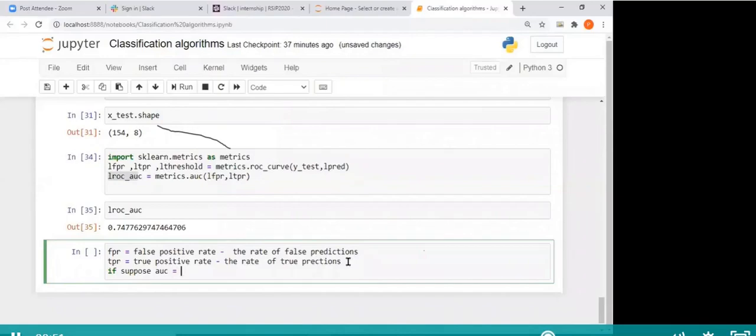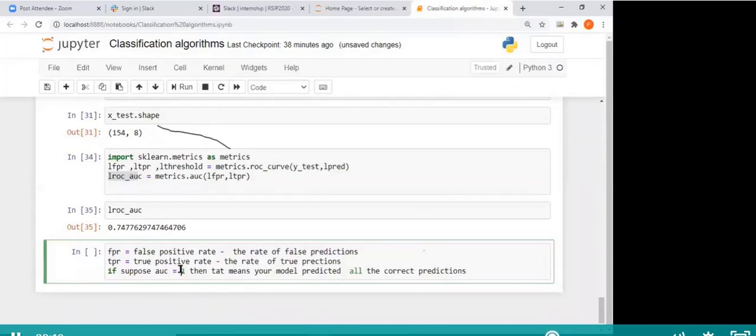Suppose AUC is equal to 1, then that means your model predicted all the correct predictions.